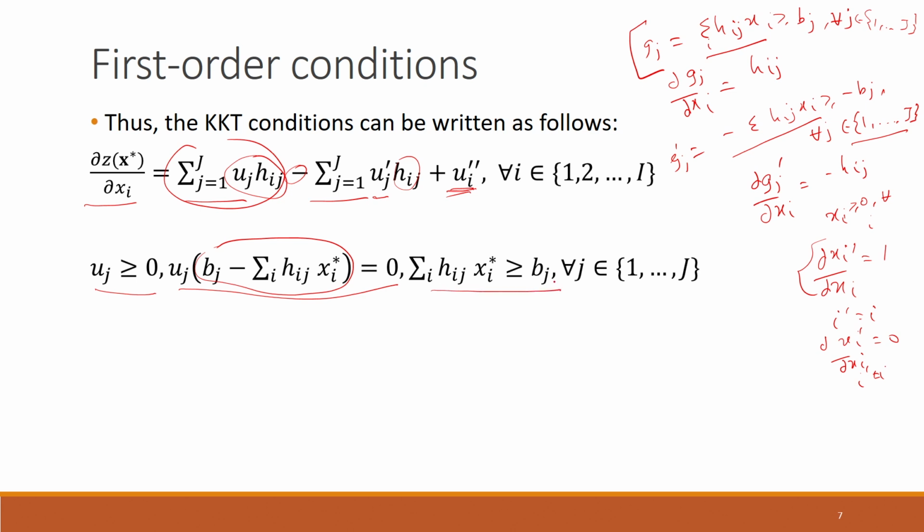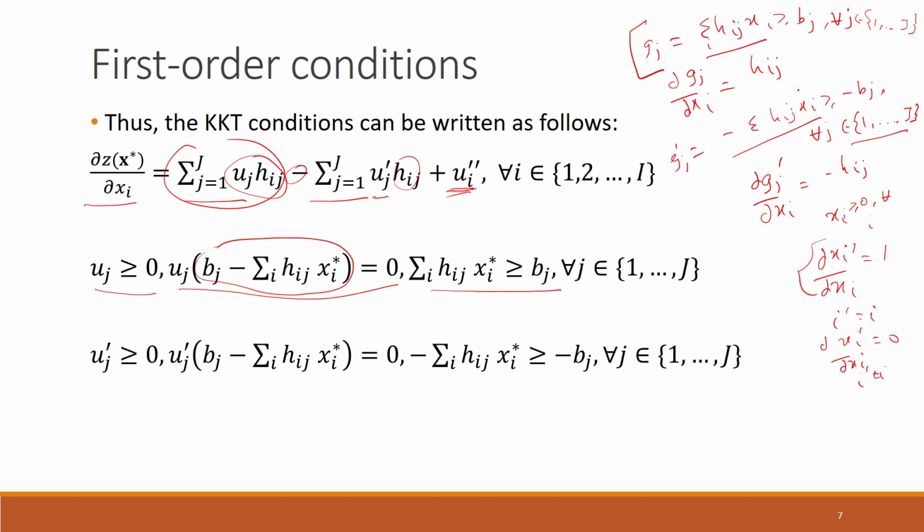So that is why we have summation hij xi star greater than equal to bj. Then similarly for this set of constraints, that is minus summation hij xi greater than equal to minus bj for all j, again we have uj dash greater than equal to 0 because we have these parameters for this set of constraints, and then again this condition ensures that if we have a non-binding constraint, then uj dash should be equal to 0, and whatever solution we get, it should be feasible. So that is why we have these constraints.